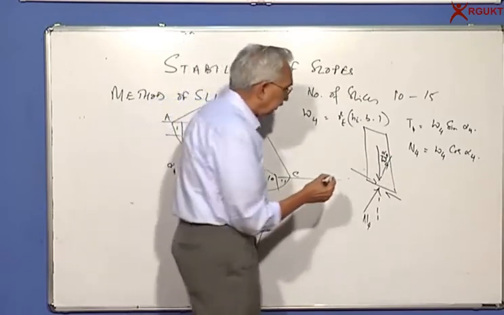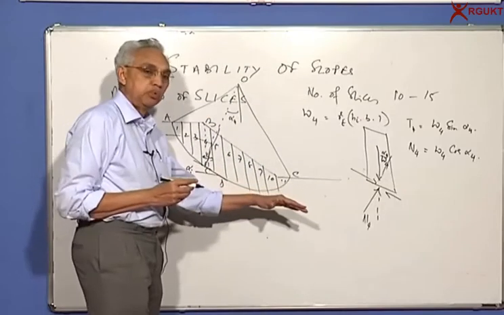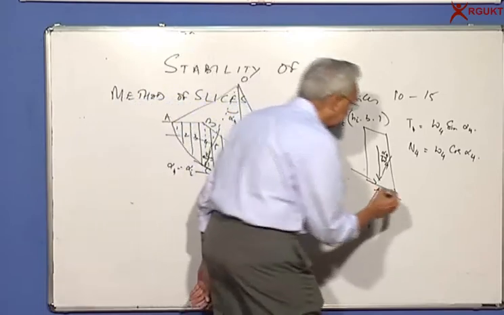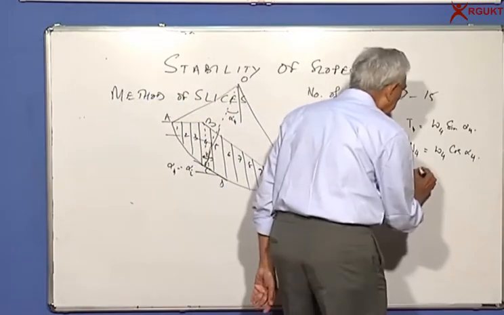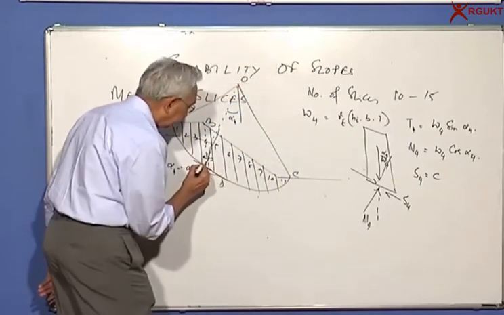And then once you have the normal force, and the slice has a tendency to rotate or move to the right and down, the shear resistance is mobilized here, which will be equal to cohesion into this length.